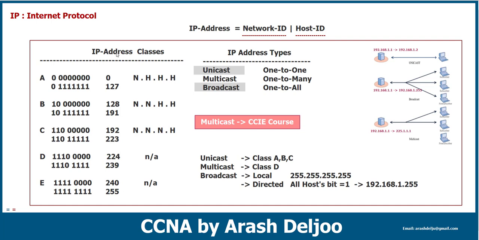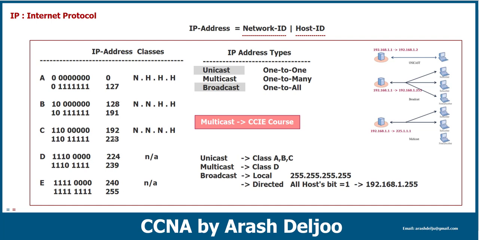Here we have these rules, IP address classes. As you know, we have 5 classes of IP address: A, B, C, D, and E. If we find in the first octet of an IP address in dotted decimal notation a number between 0 and 127, that IP address is a class A IP address. If we find in the first octet a number between 128 and 191, that IP address is a class B IP address.